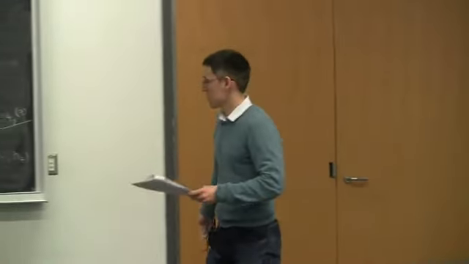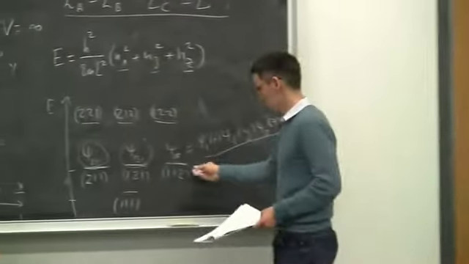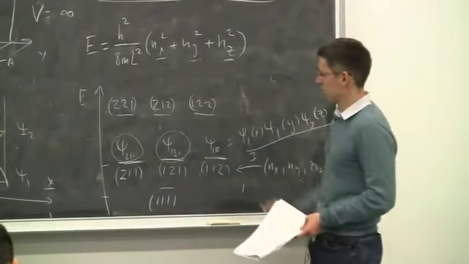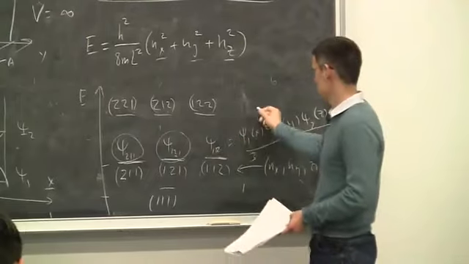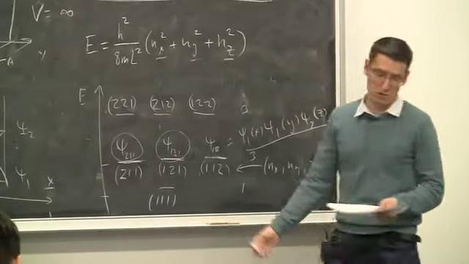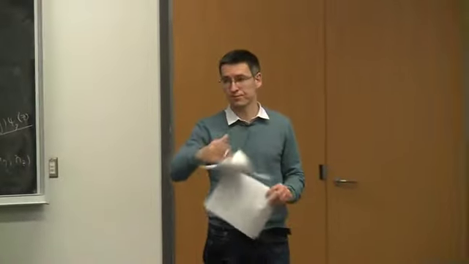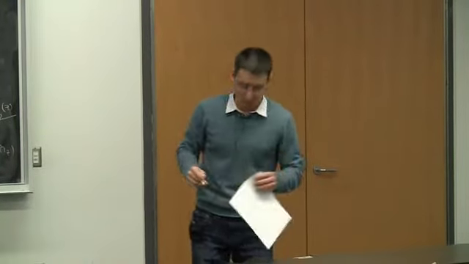So for example, degeneracy of the second level is 3, degeneracy of the first level is 1, degeneracy of the third level is 3 again, and so on, okay? Any questions? Good.